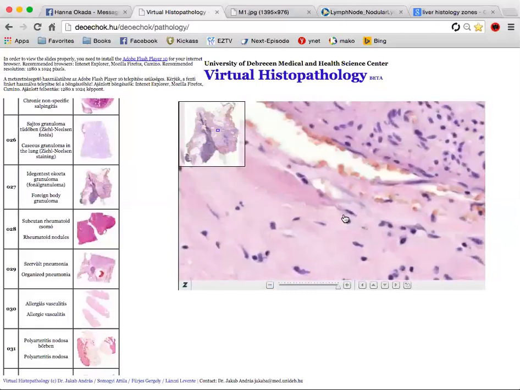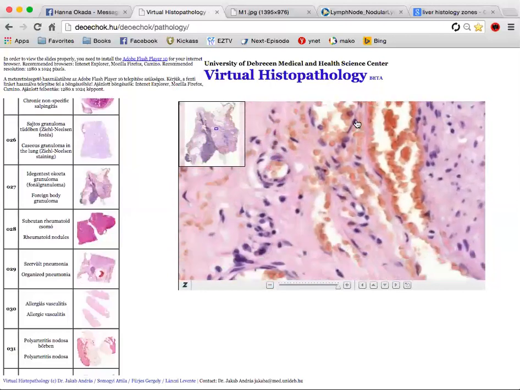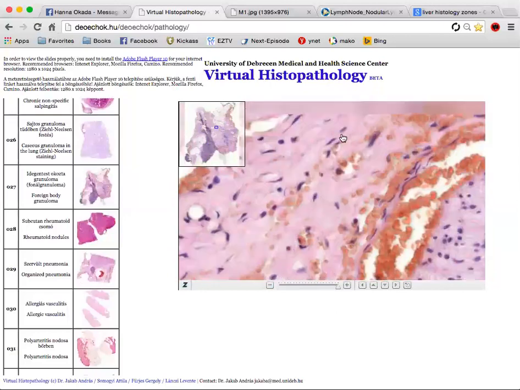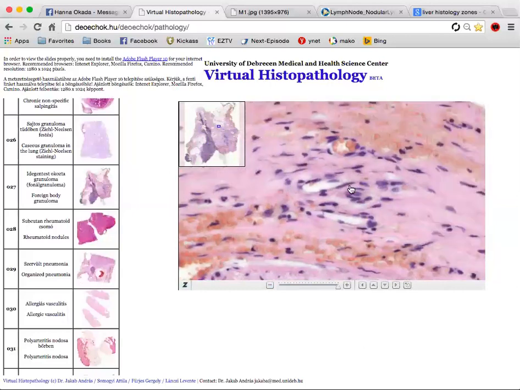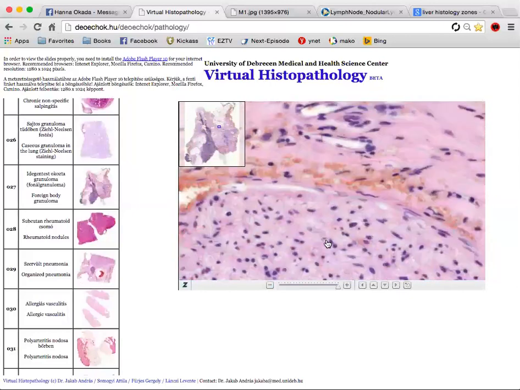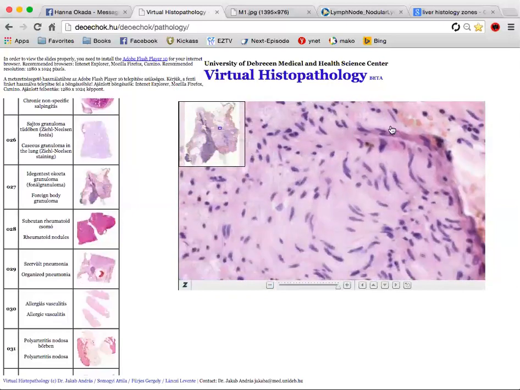So epithelioid cells, the activated T lymphocytes, and the epithelioid giant cells. We can say this is the epithelioid cell, like this, with elongated nuclei.